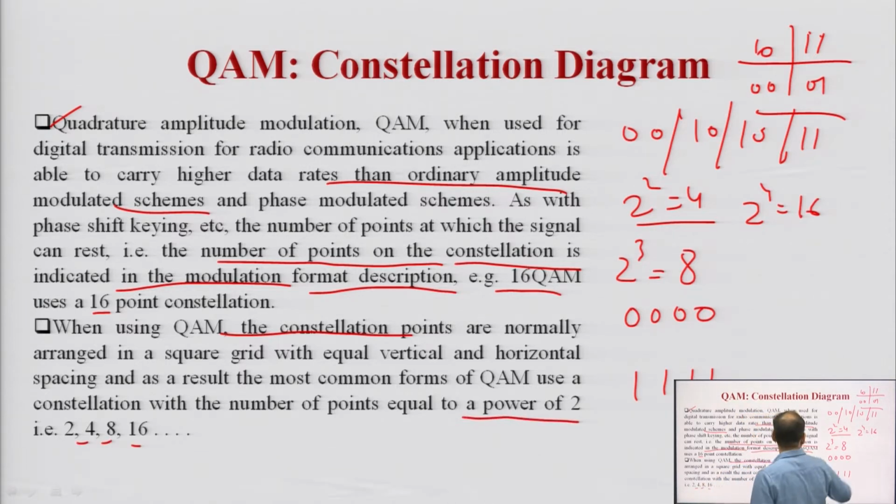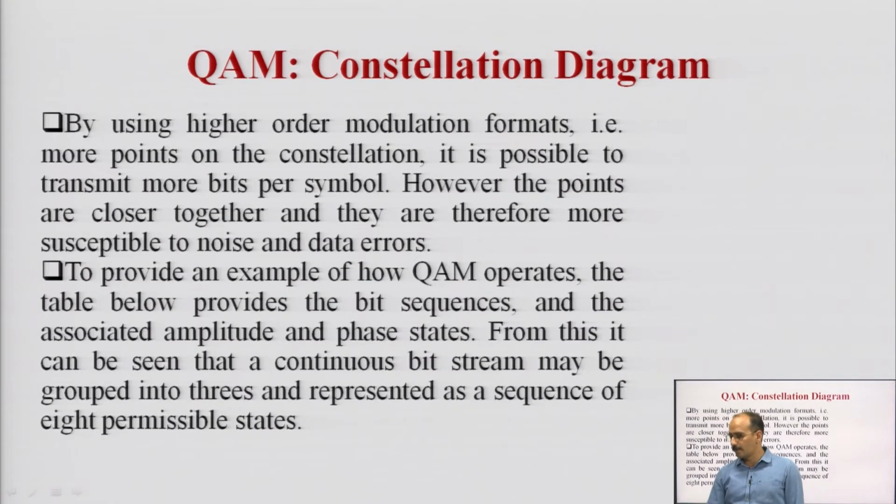As in QPSK you see this constellation diagram, in QAM you have another constellation diagram, which we discussed earlier, where by using a higher order modulation format, more points on the constellation can be added.